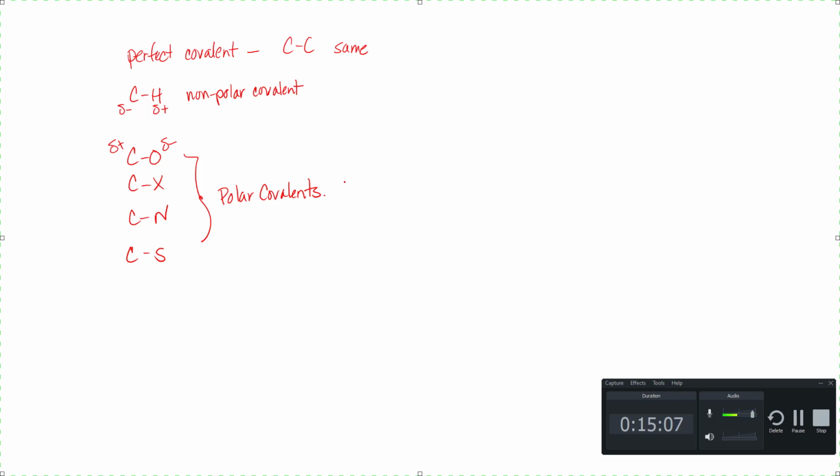So in this continuum of covalent sharing, these are all bonds where there are shared electrons to form the octet rule, but this is how we're going to classify them: as either a perfect covalent bond where there is no charge differential, or a basically nonpolar covalent bond, or the polar covalent bonds. And we'll use those later as we talk about polarity of molecules.